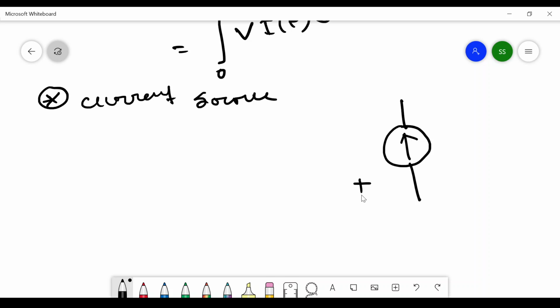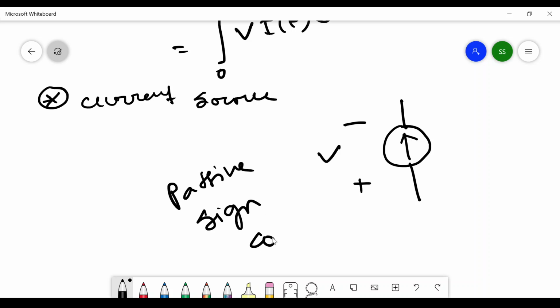And with respect to the passive sign convention, the voltage should be like this, because I am showing current in this particular direction. If this has to be positive, the positive voltage means this is plus, this is minus. The passive sign convention, this is very important.